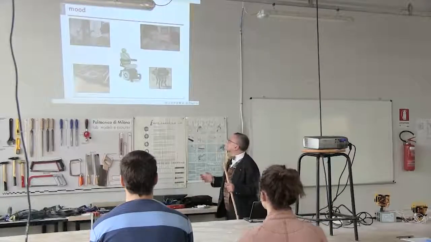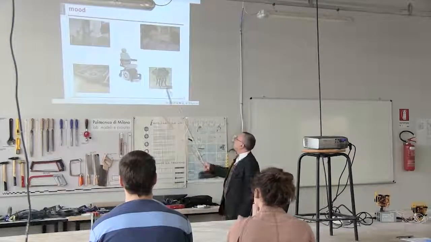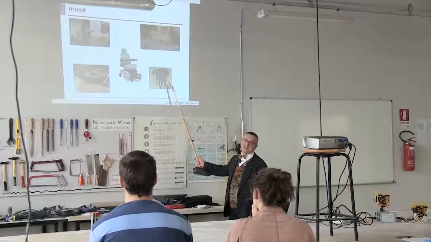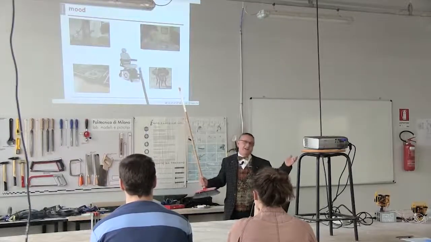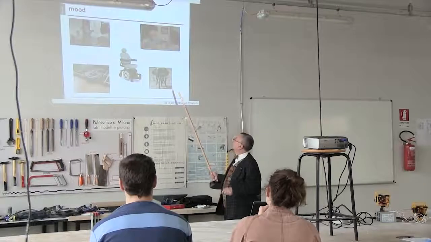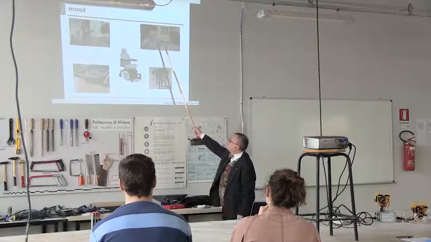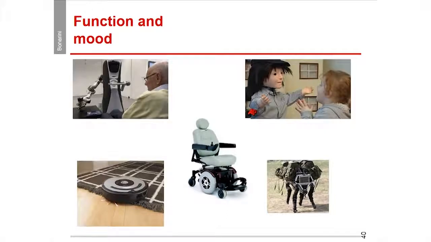A mood means, okay, if I see this one, I don't feel any sympathy for it. I say that the strong one is doing something maybe strange, but it's not something I feel in agreement with. With this one, I feel automatically in agreement. Well, this is neutral, but if it is the wheelchair where I live all day long, maybe it would be interesting to have something more than just a wheelchair.